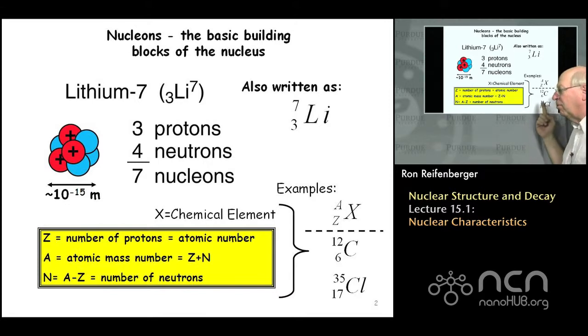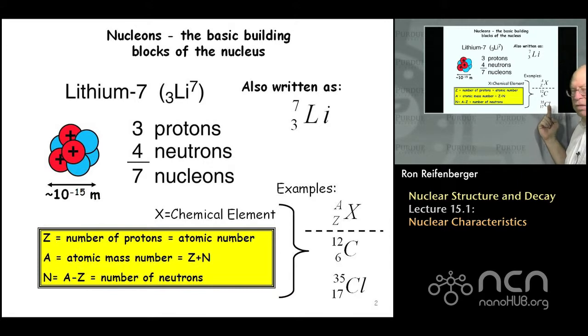So as an example, this is carbon 12. Carbon has 6 protons. This particular nucleus of carbon has 6 additional neutrons. So this would be the way you would represent the carbon 12 nucleus. Another example is chlorine. Chlorine has 17 electrons.